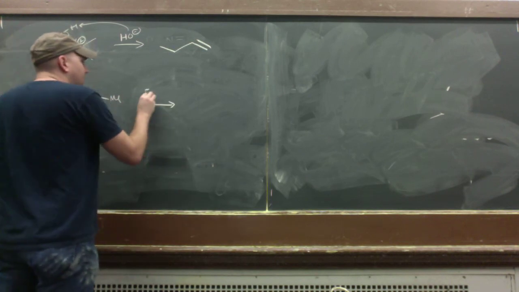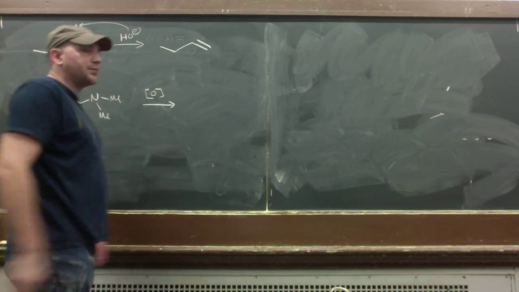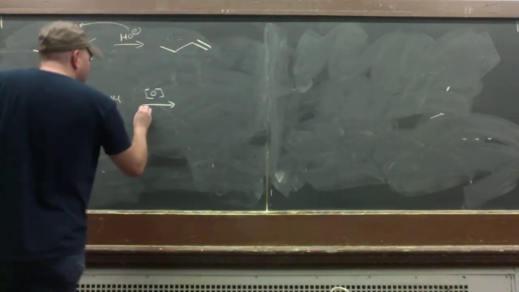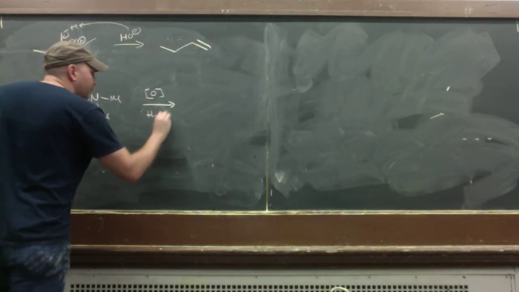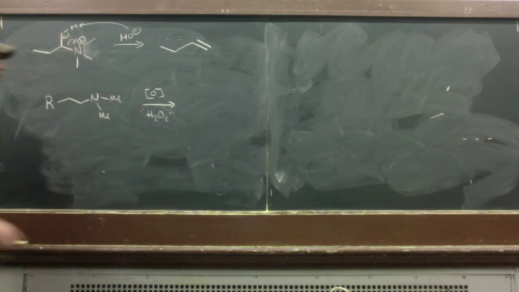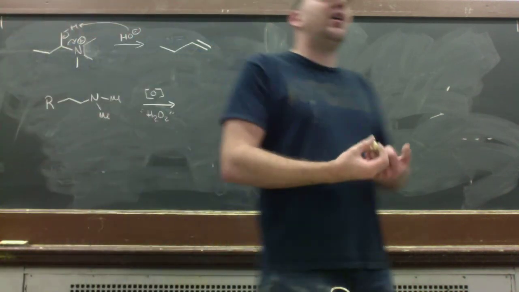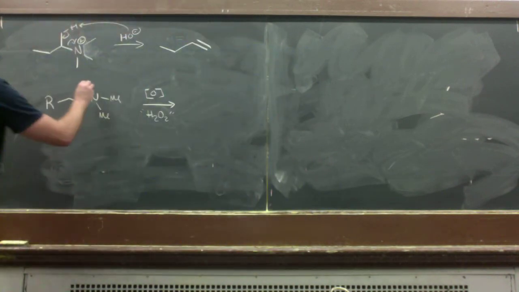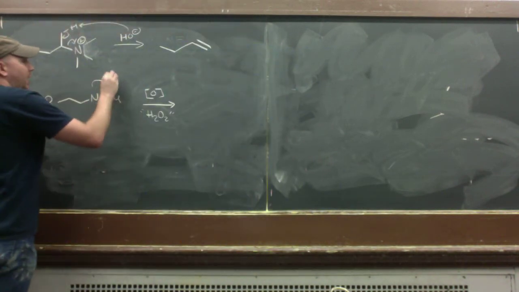It turns out there are lots of conditions to oxidize amines. The one that the book uses is hydrogen peroxide, which is a good oxidant. You can imagine this working with things like mCPBA as well. It's effectively an electrophilic source of oxygen.